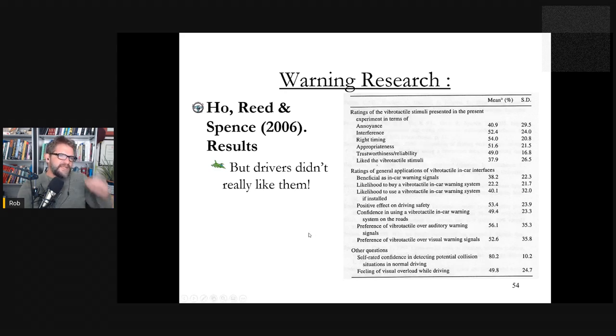And this is one of the differences that I like to point out between the two things we're talking about in this course, driving and flying. In flying, if we find something that works and it's going to help with safety, we can just put it in there. We can mandate it, right? The FAA can say you have to have vibrotactile warnings in your seat. In driving, we can do that a little bit, right?